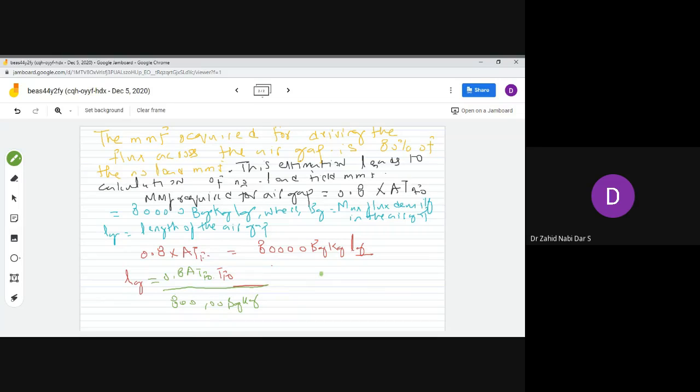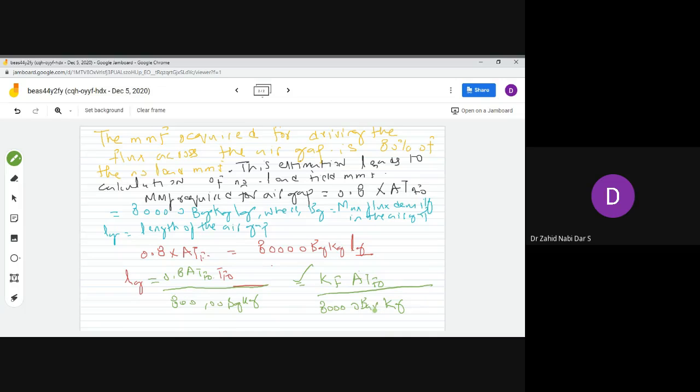This is the length of the air gap. It can also be written in other terms, like Kf AT full load divided by 80,000 B average and Kg. Here it was Bg and Kg.